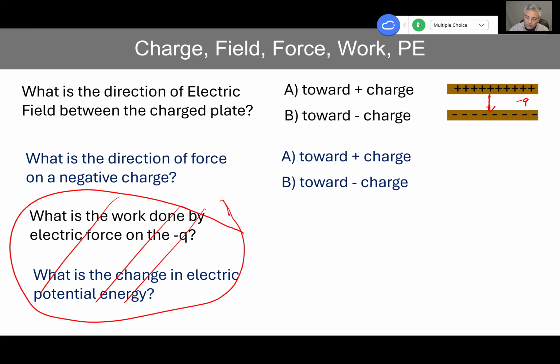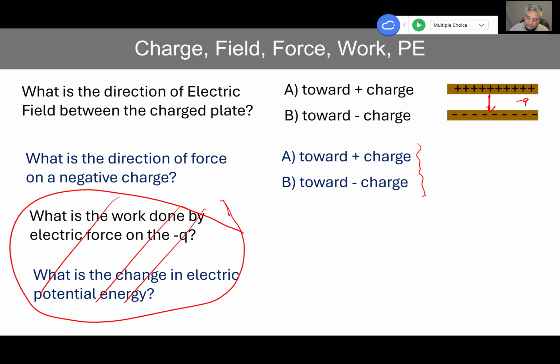I'm opening the poll and you have only 30 seconds to answer. And the choices are given here.